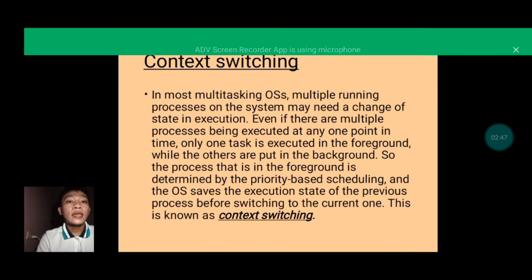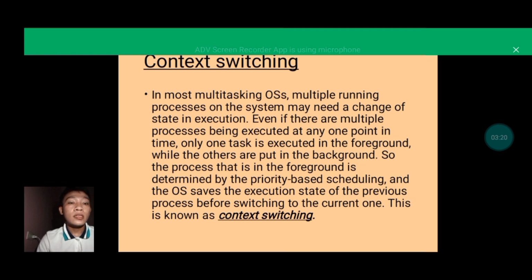Context switching. In most multitasking OS, multiple running processes on the system may need a change of state in execution. Even if there are multiple processes being executed, at any one point in time only one task is executed in the foreground, while the others are put in the background.